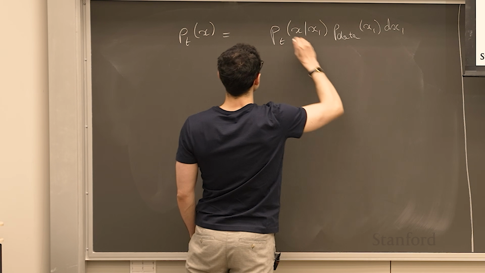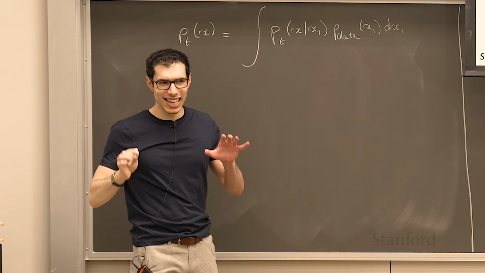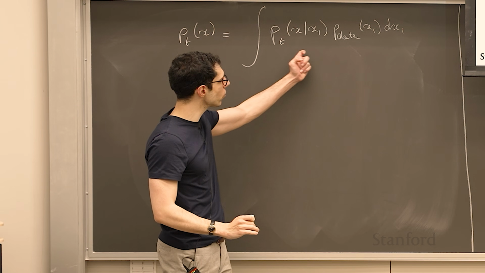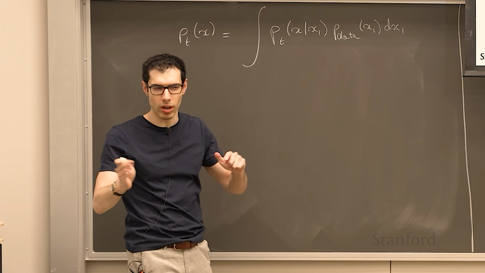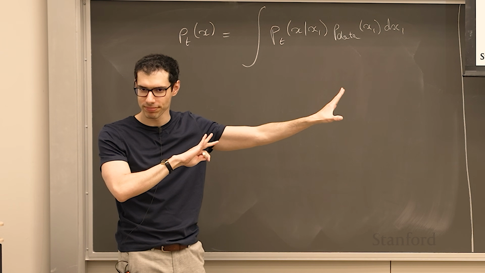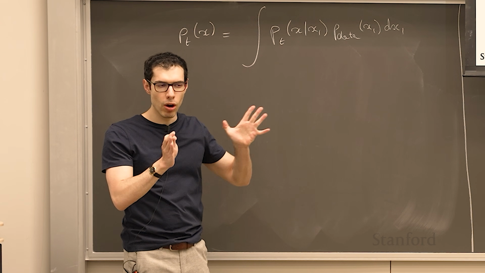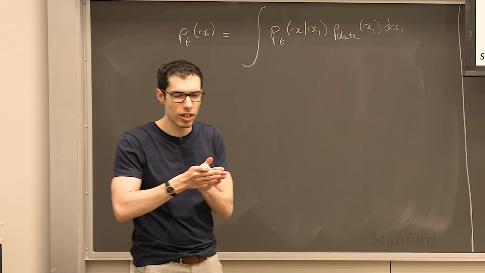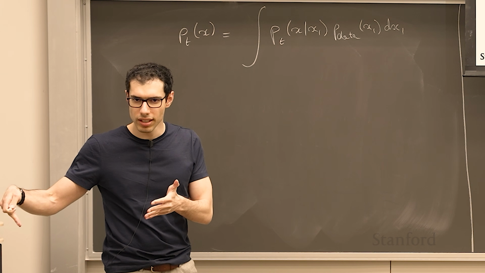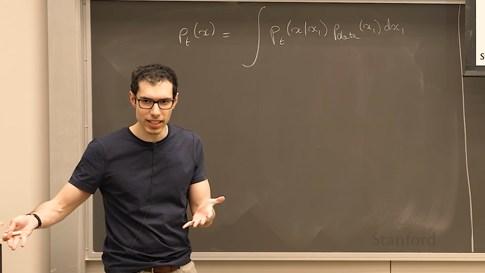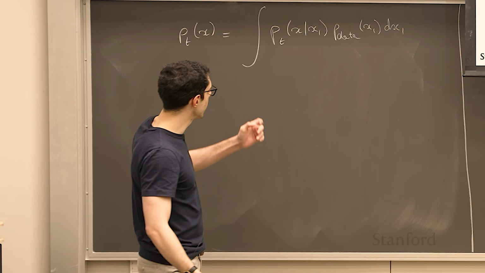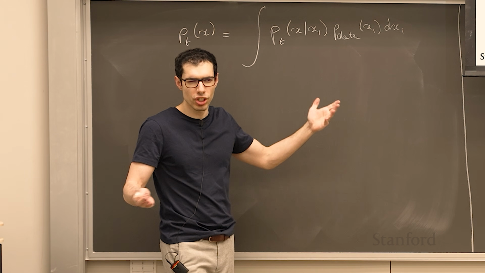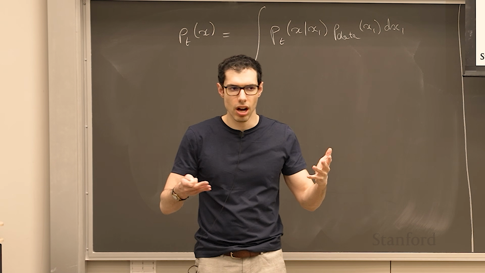So let's fix x1 and just consider the conditional probability path, pt of x given x1, which is what we saw right before. Now let's consider all such conditional probability paths across all the x1s that are composing our target data distribution. And let's consider the following expression, which is a natural way of defining it.